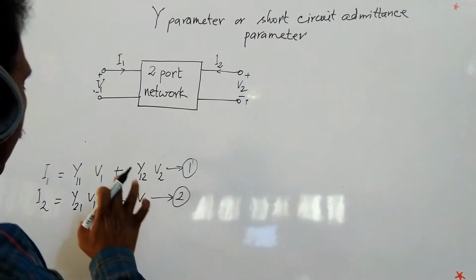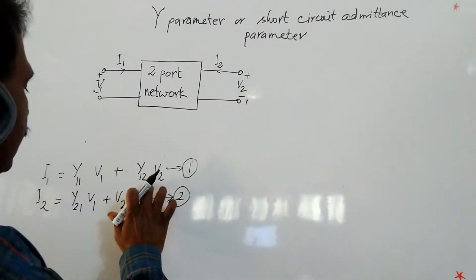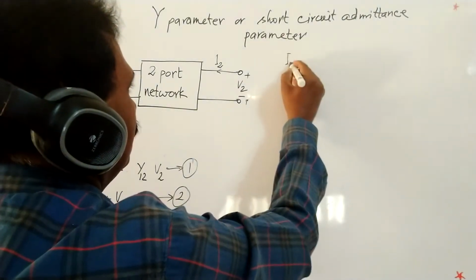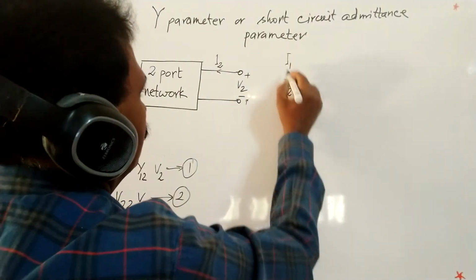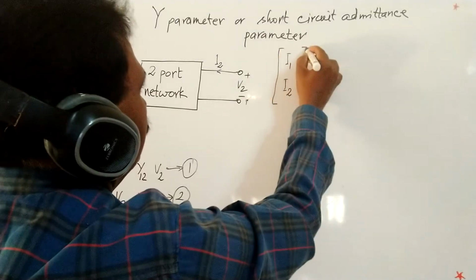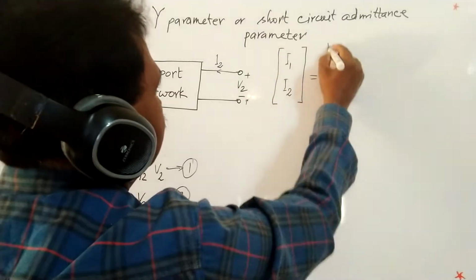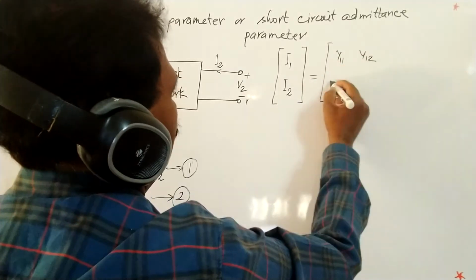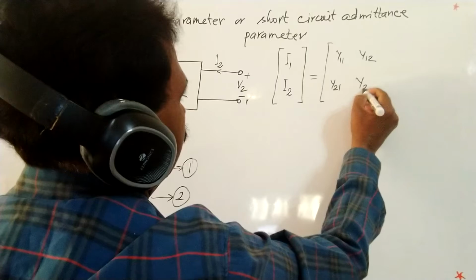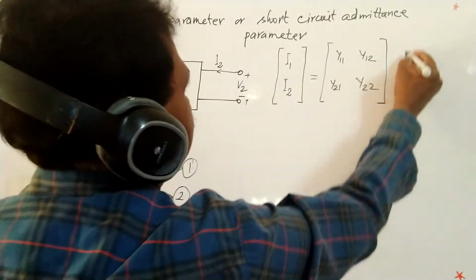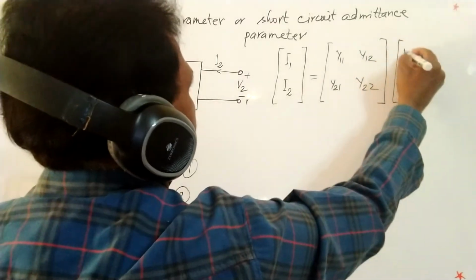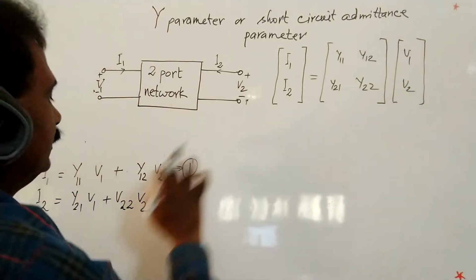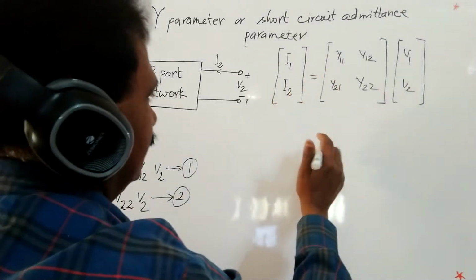Then if we write these two equations in matrix form, I1 and I2 will be equal to the matrix y11, y12, y21, y22 multiplied by V1, V2. These are the same equations 1 and 2 in the form of matrices.